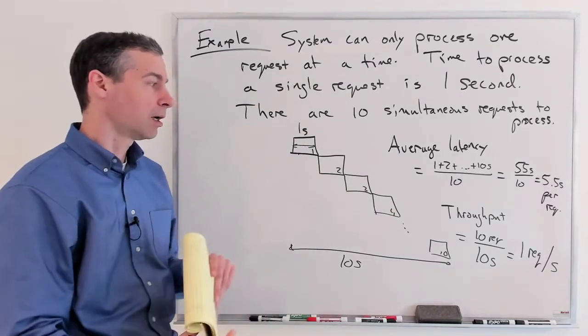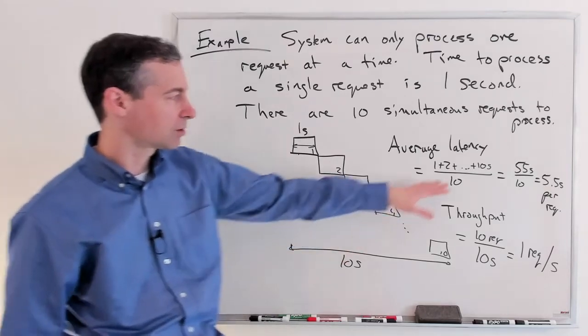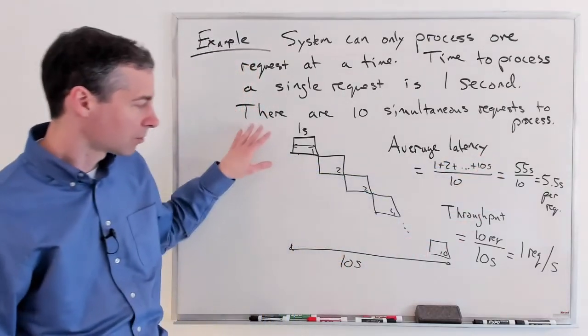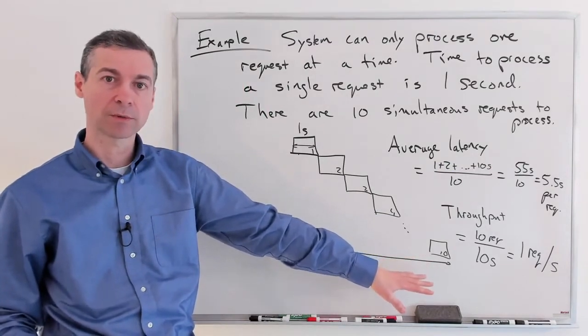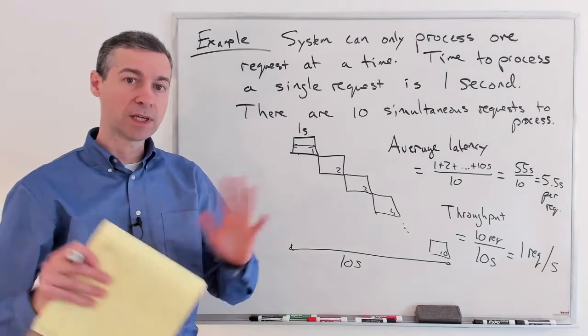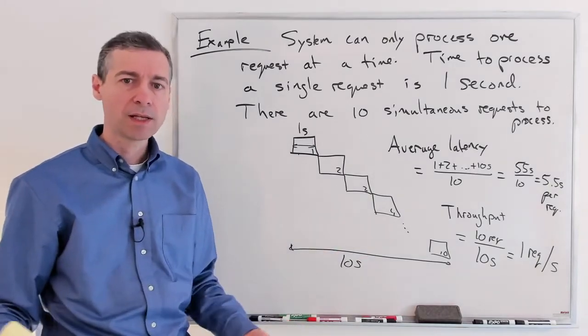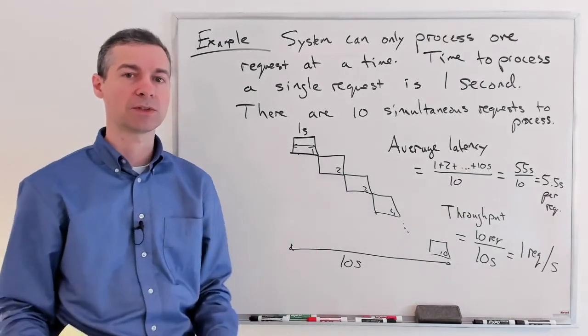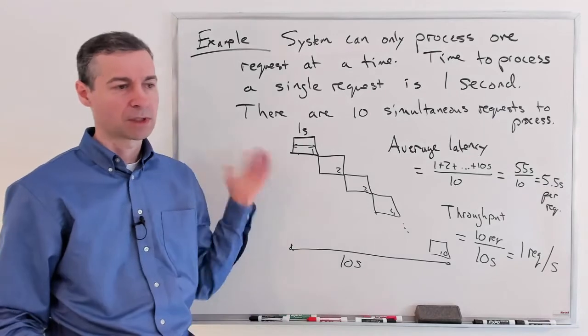All right. So what does a user care about? The user cares about latency. And we can see in this setup, if we can't process requests simultaneously, in other words, we can't process simultaneous requests at the same time, anytime more than one user is using our system, we're going to have slowdowns.